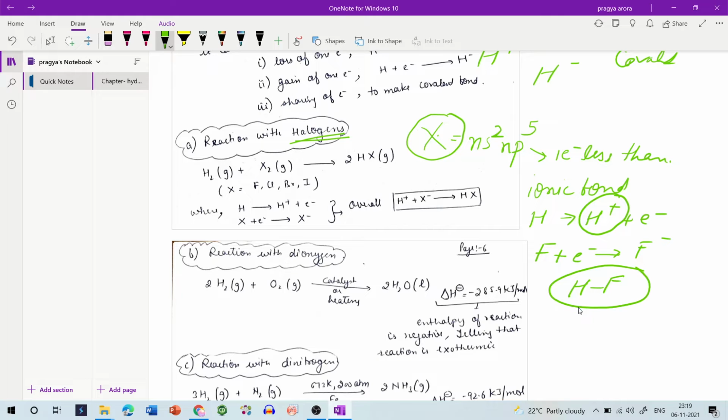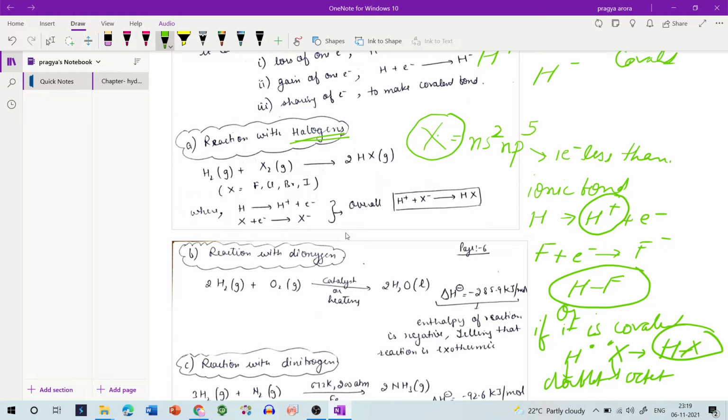Or if it is a covalent bond, then hydrogen has one electron and halogen has one electron. Both are reacting and X is completing its octet and hydrogen is completing its doublet, and both are forming HX, a covalent bond. So that's how it reacts with the halogens.